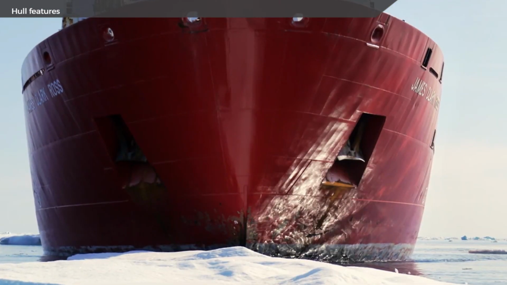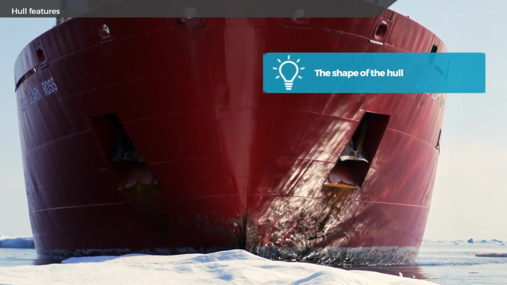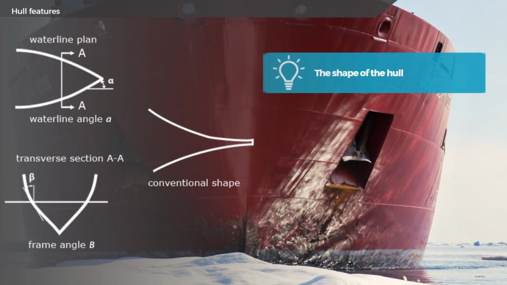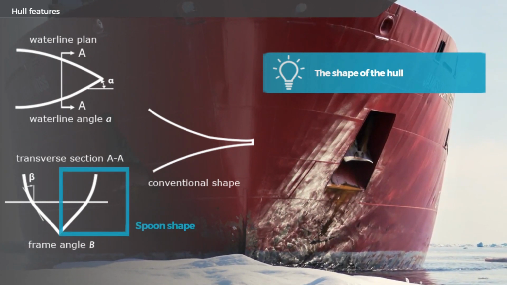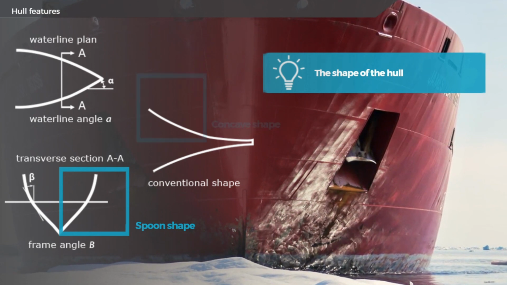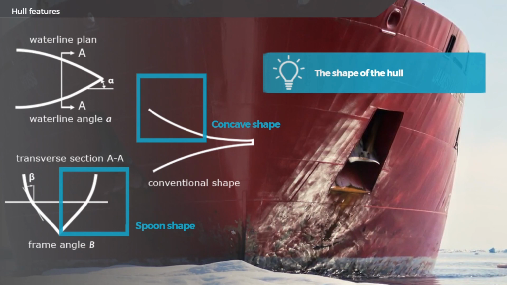The other noticeable characteristics of high ice class vessels are the shape of the hull in the bow and stern areas. There is often no bulbous bow and the bow section is commonly spoon-shaped, with the shell plating convex rather than the concave shape seen in a non-ice class vessel.